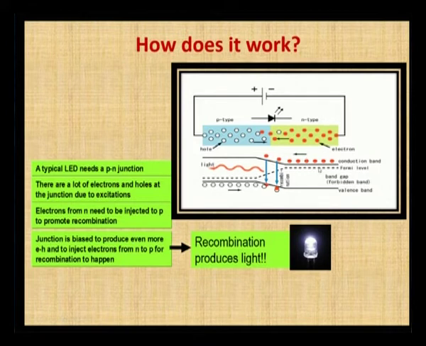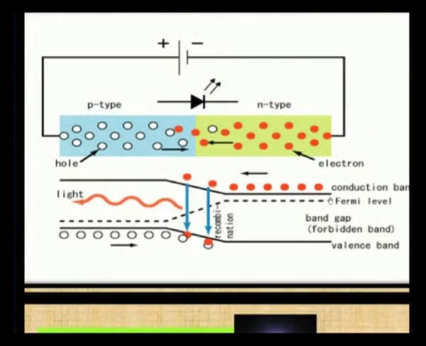When recombination takes place, that is, when the electrons from the N region move from the conduction band of the N type region to the valence band of the P type region, there is an emission of light. You can observe there is an emission of light. This emission of light is visible light. That is how we get the LED to glow.